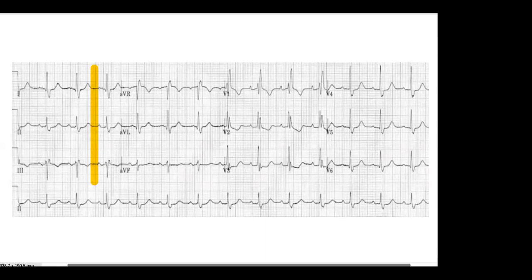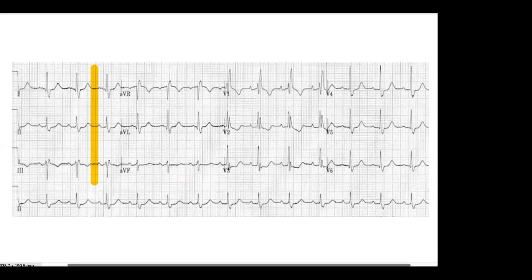Without going deep into it, the first lead is positive, the second is positive, the third one is negative. If you've seen a lot of ECGs, you will know that this is a left axis deviation. And if you look at V1, you will realize there is a pathology in the ventricular complex.